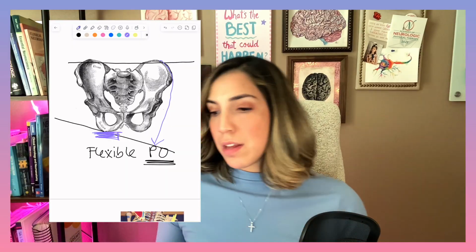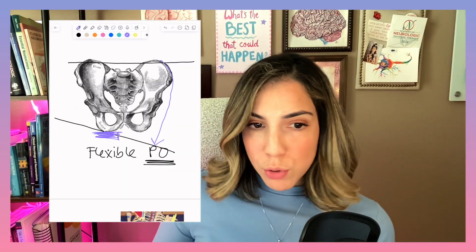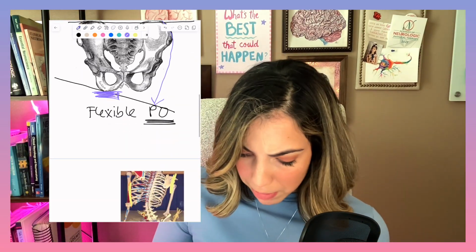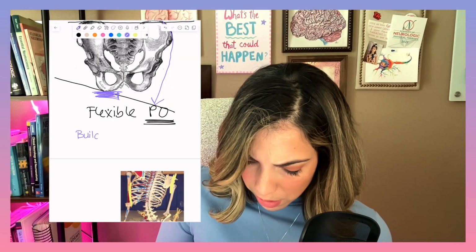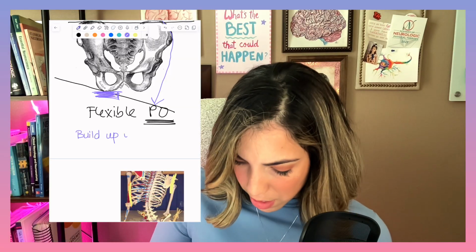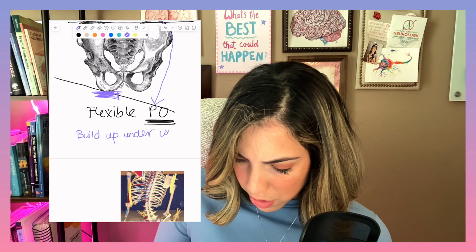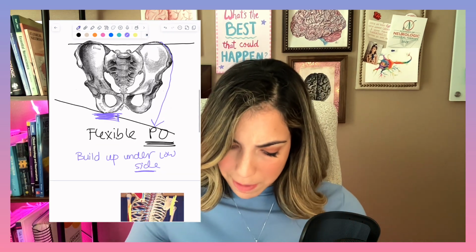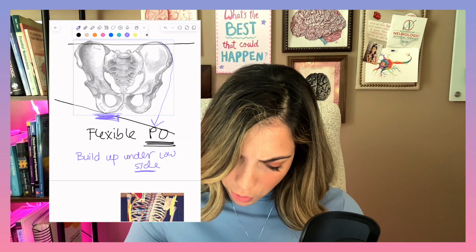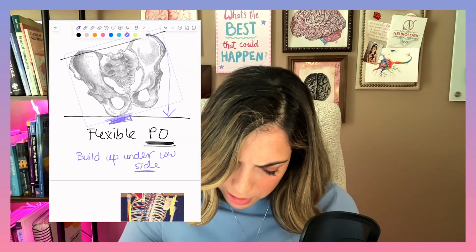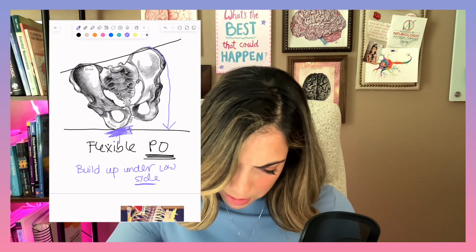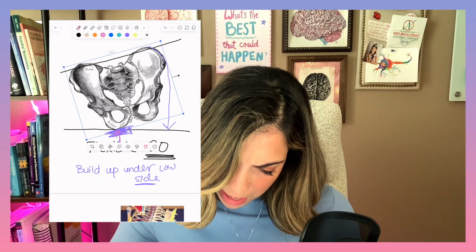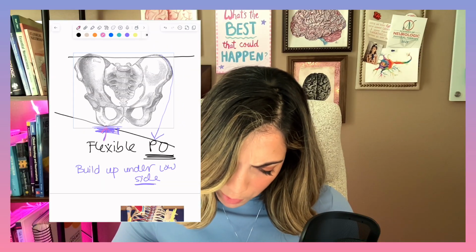Yay. Okay, so rule for the flexible pelvic obliquity, you build up under the low side. That way the pelvis can go from here, you put something here, and it can go, okay, great.